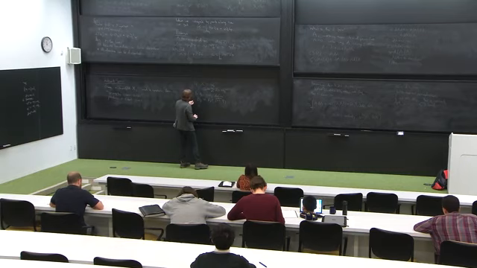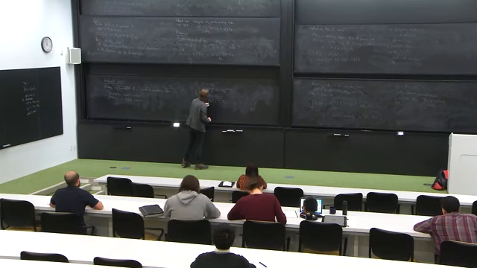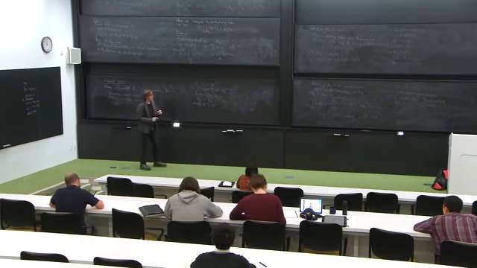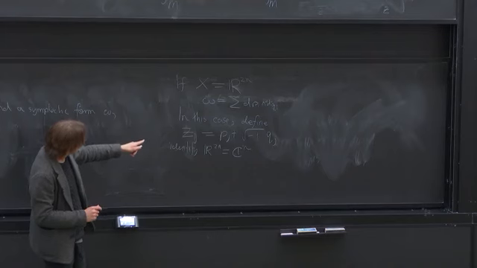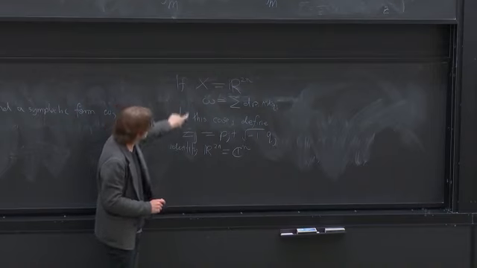If we do this, we identify R^2n with C^n. And the important feature is that omega has nice behavior in these coordinates.